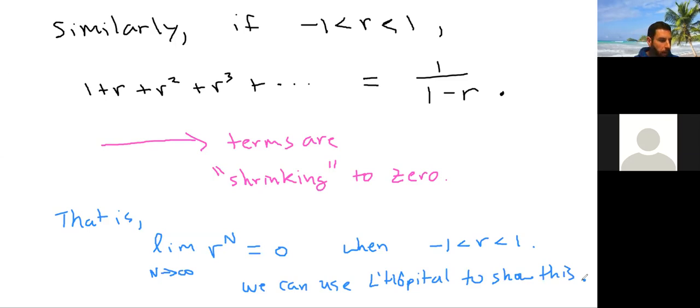So why do I even bring this up? Well, what we need to know is whether this is something special to geometric series, or something that we should expect all series to have.